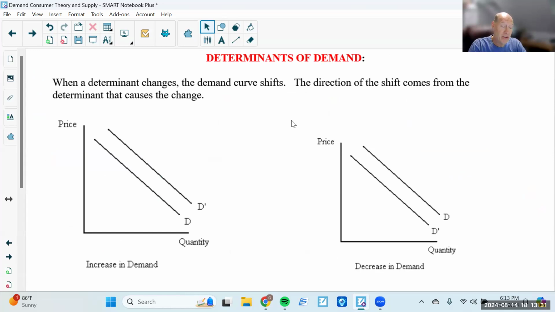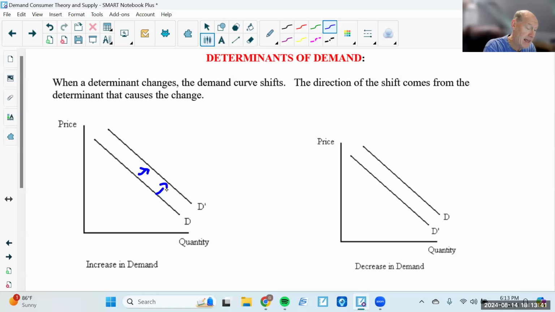All right. This graph here on the left is a demand curve that is shifting to the right. And what you want to do is show it shifting. You want to do an arrow like this, one or two arrows shifting like that. Notice I labeled the first one D. And then the second one, you can label it as D prime, or more popular now in books is to go D1.